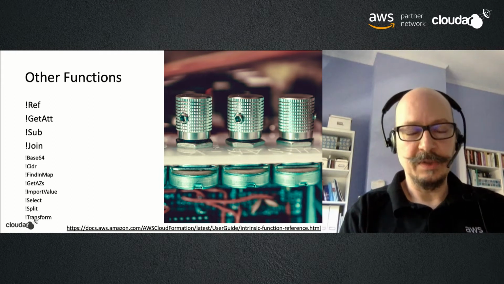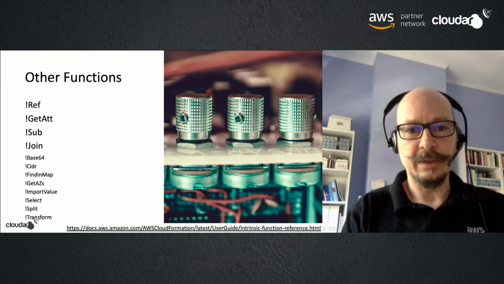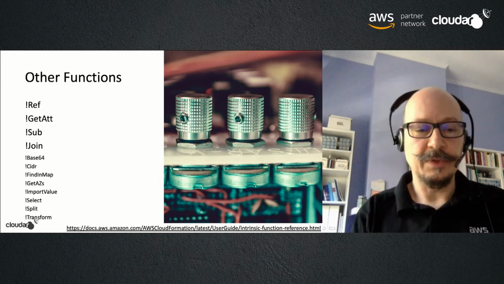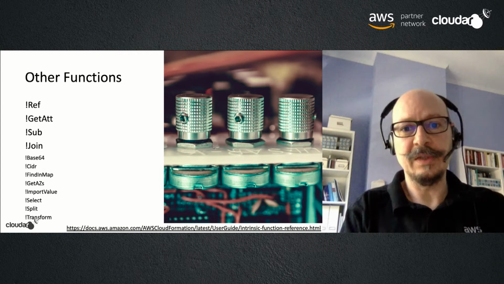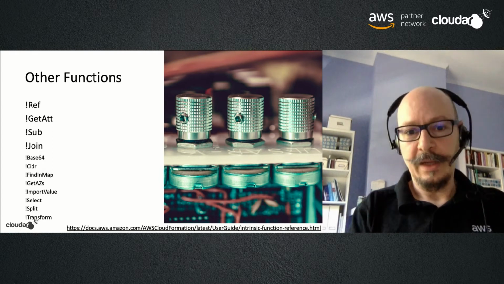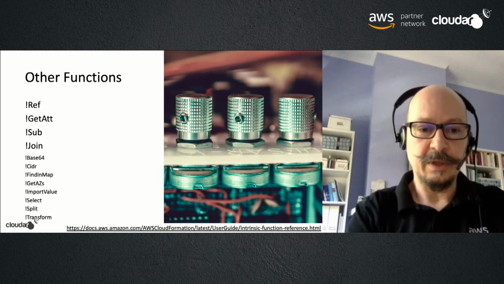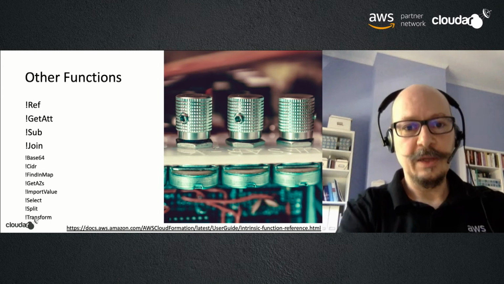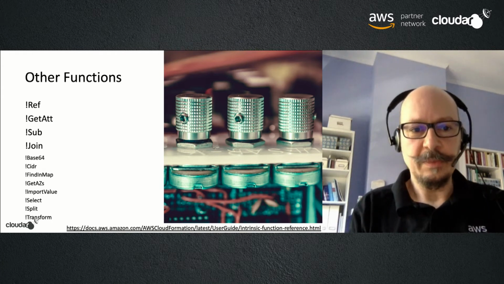And we'll see another tip later on this. And then you have a number of additional functions like Base64, for instance, which is mostly used when you need to pass in user data information to configure your EC2 instance at launch, and a couple more. We'll see some examples later on.